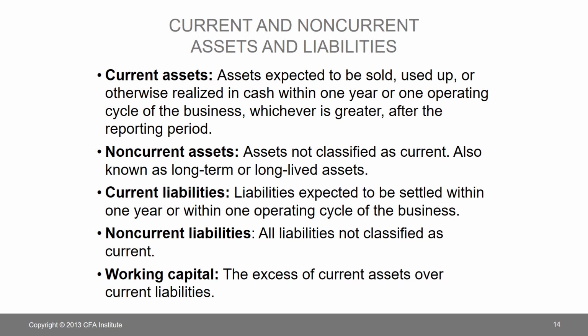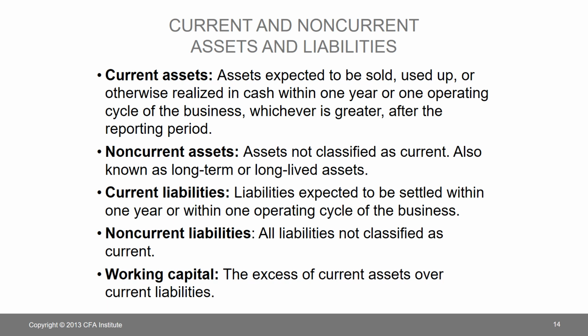A company's operating cycle is the average amount of time that elapses between acquiring inventory and collecting the cash from sales to the customers. For a manufacturer, this is the average amount of time between acquiring raw materials and converting these into cash from a sale.